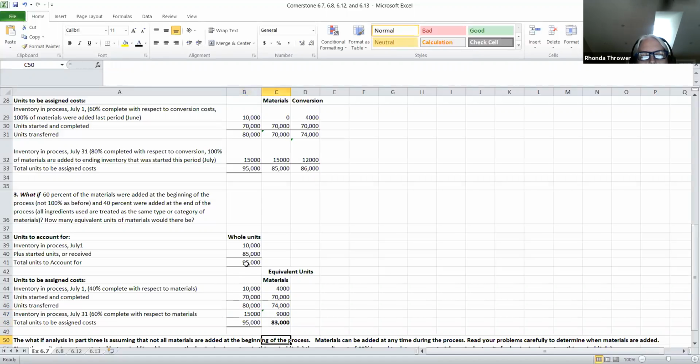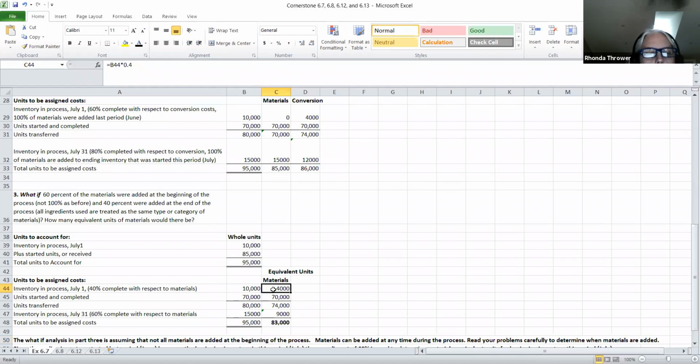This is basically the same thing that we did in the earlier problem. But what changed is the materials and when they were added and how much was added. They added 60% of the materials at the beginning of the process. So listen up here.